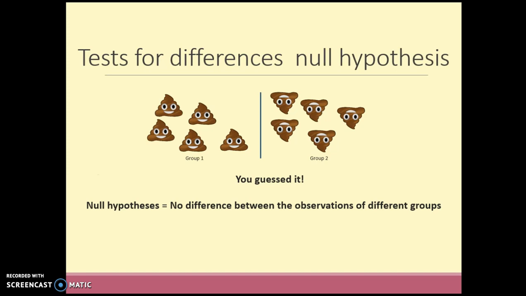That's right, you guessed it. The null hypothesis of this kind of test is that there'll be no difference in the observations taken between different groups, in this case between two groups.